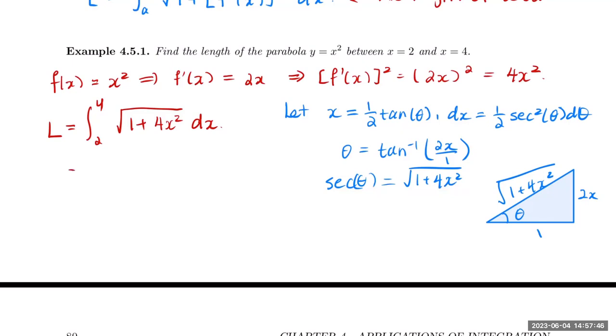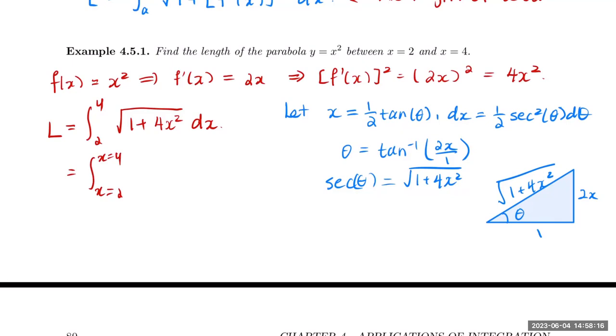So we have from x is equal to 2 to x is equal to 4. So I'm not doing a change of variable just yet.